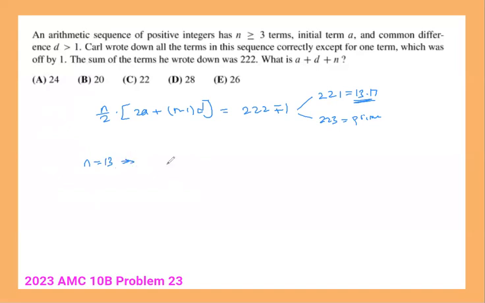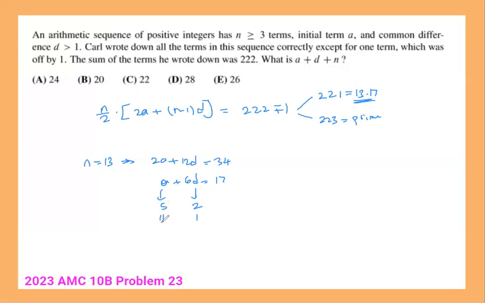If n is 13, then 2a plus 13 minus 1, which is 12, 12d is equal to 17, but this was n over 2, so it's divided by 2, which gives 34. Divide by 2, and a plus 6d is 17. There are not many numbers that will satisfy. If I go with d as 2, that's 12, so you will get a as 5. If you go with d as 1, that's 6, and a would be 11.